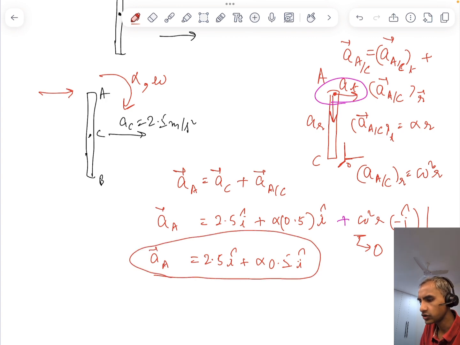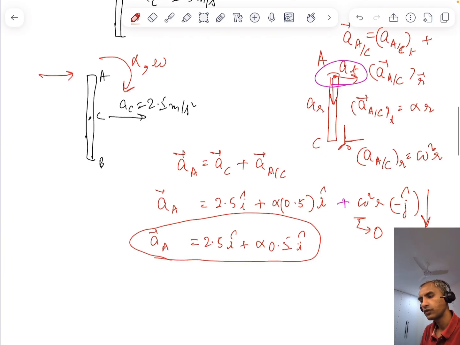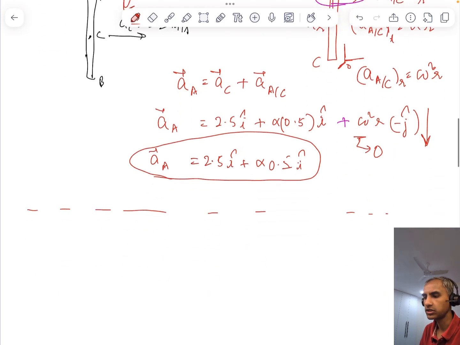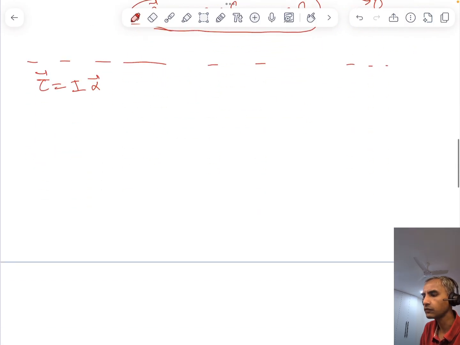That's our equation. Of course, if we get to know alpha, we'll get to know the absolute acceleration of point A, right? So how do we find alpha? For that, let's apply Newton's second law for rotation. That's of course tau is equal to I alpha, because these are vectors, tau is a vector and alpha is a vector. So again we'll have to choose a reference frame.